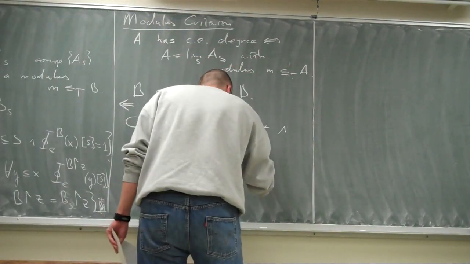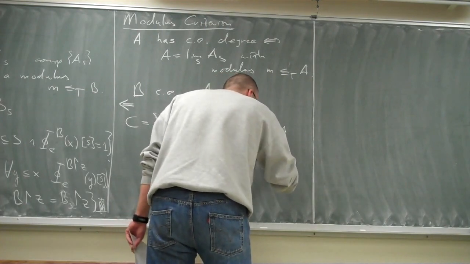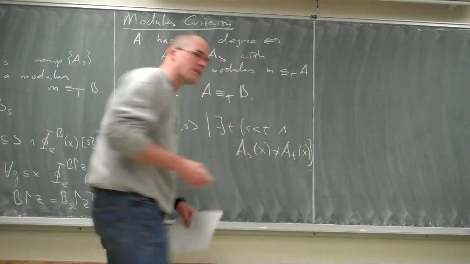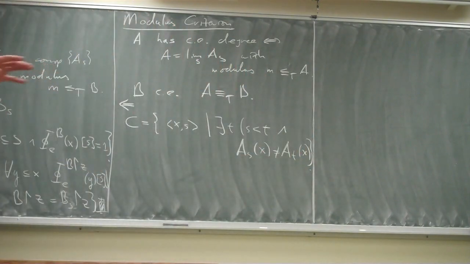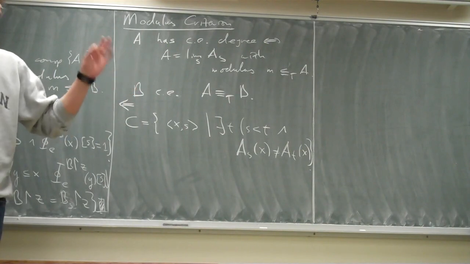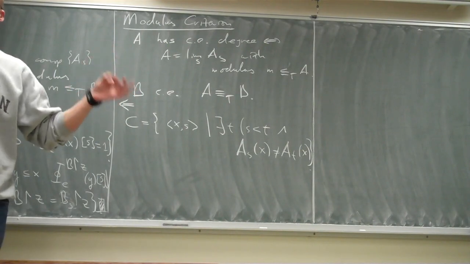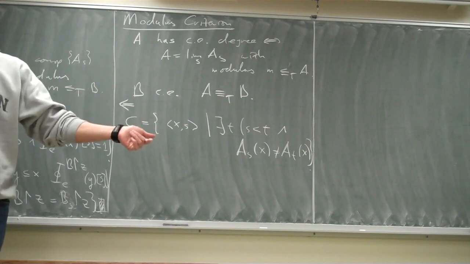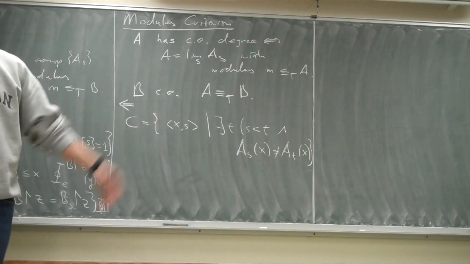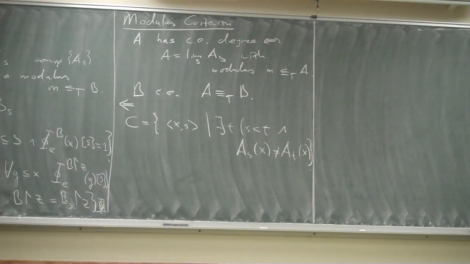A pair x, s is in C if at stage s, well, the approximation might be correct or not, we don't know, but at stage s, it hasn't stabilized yet. It's going to change later on. Now, of course, if it changes twice later on, then it was correct after all, but this is the set we care about.